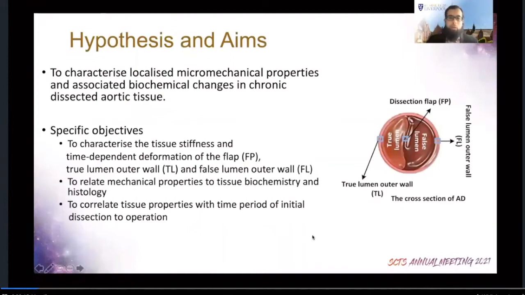In this study, we examine the time-dependent properties and the tissue stiffness of the dissection flap, the true lumen outer wall, and the false lumen outer wall, relate these with tissue biochemistry and histology, and correlate these properties with the time period from the initial dissection to operation for a chronic dissected aneurysm.